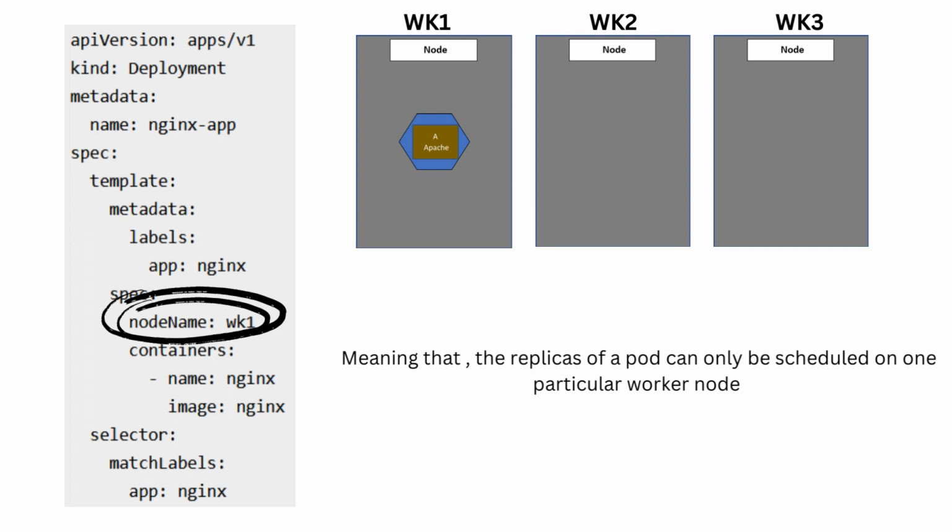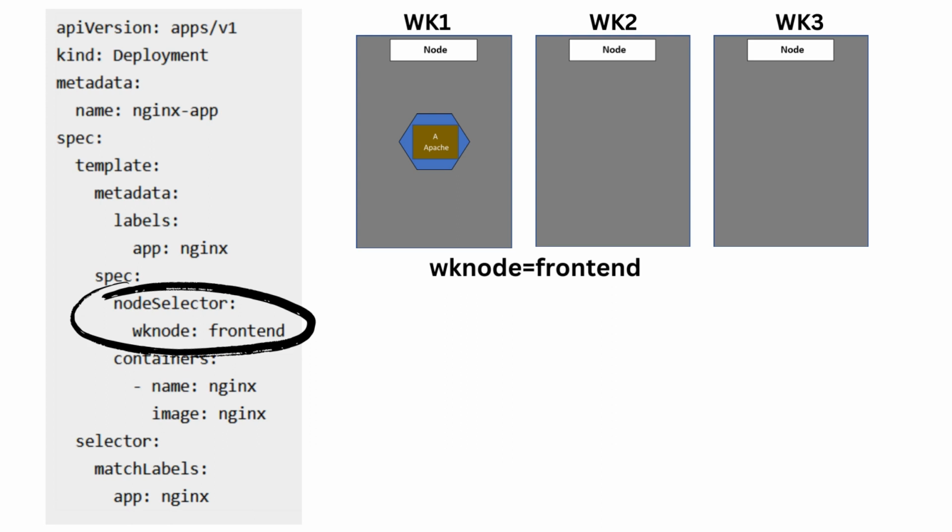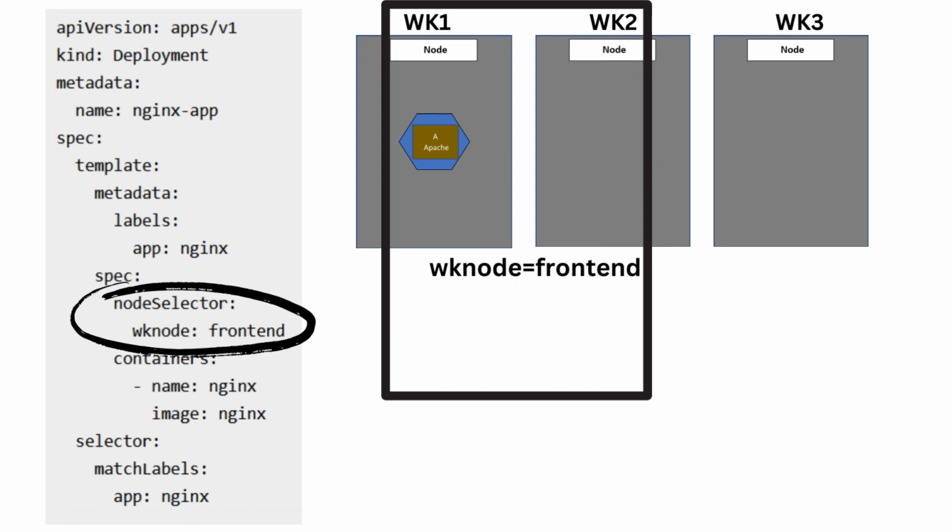For example, if we have worker node 1, worker node 2, and worker node 3, you can assign labels to these worker nodes using the key-value pair. Say for worker node 1 and worker node 2, you can assign a label such as WK node equals front end, and you can use the node selector field in the pod section of the YAML manifest file to schedule pods to the nodes that have the label worker node equals front end.